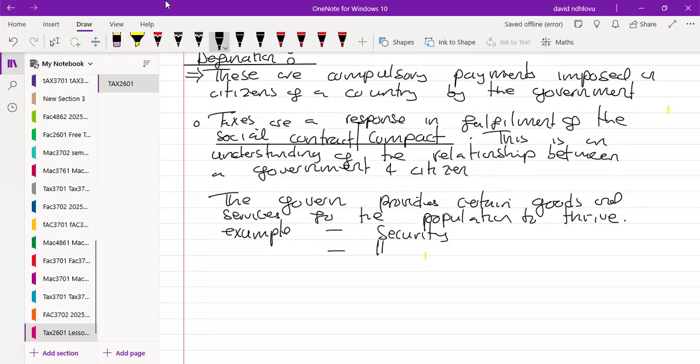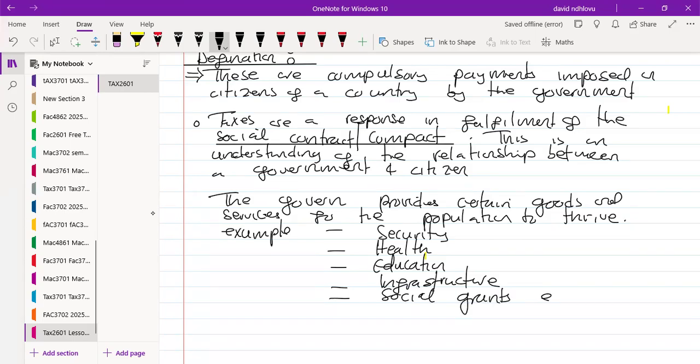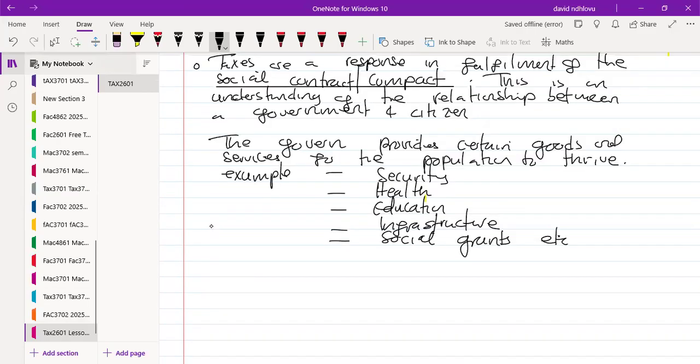The government should see to the health of the citizens, education, infrastructure like your roads, airports, etc., social grants, etc. For the government to be able to provide all these things, it needs funding.